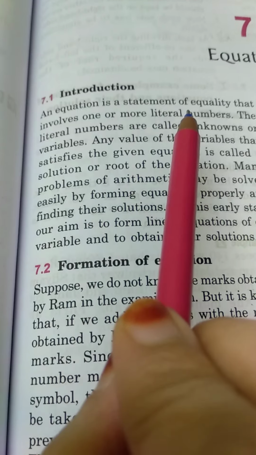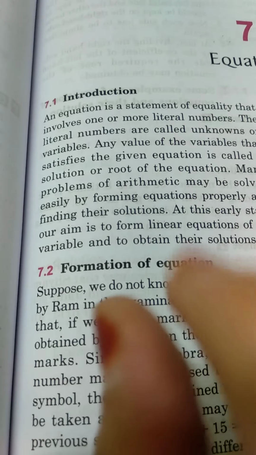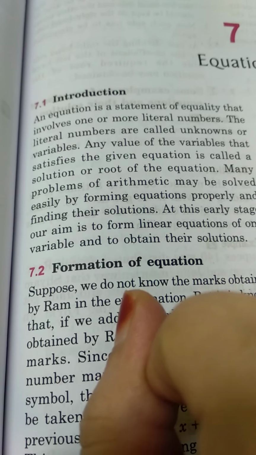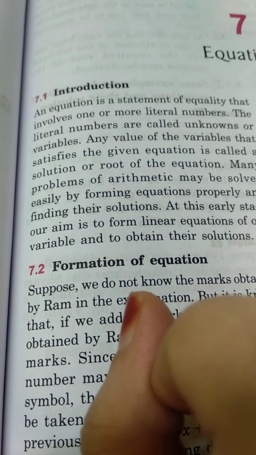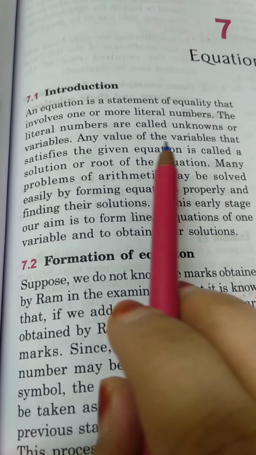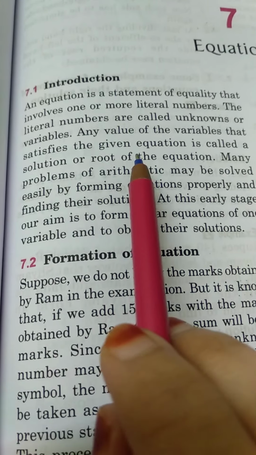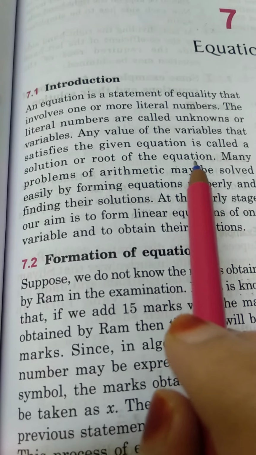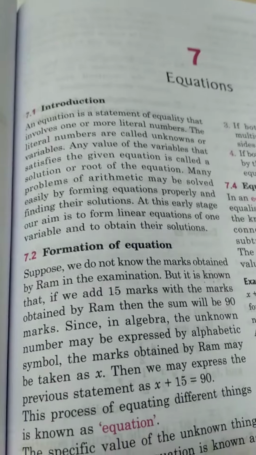So as the statement says, an equation involves more than one literal number. It may include variables also. Any value of the variables that satisfies the given equation is called a solution or root of the equation.